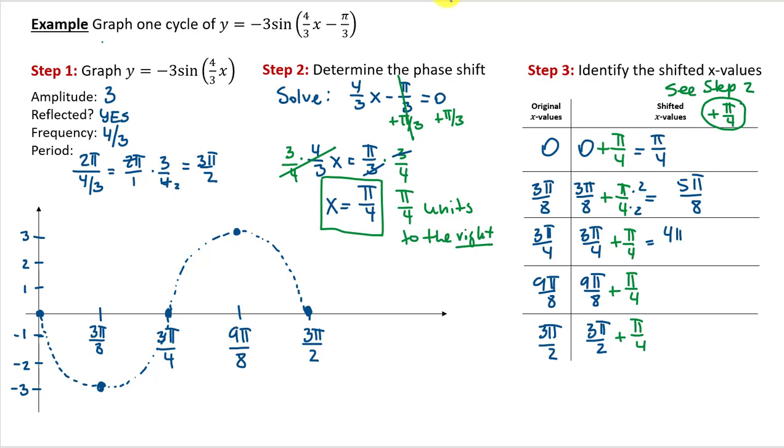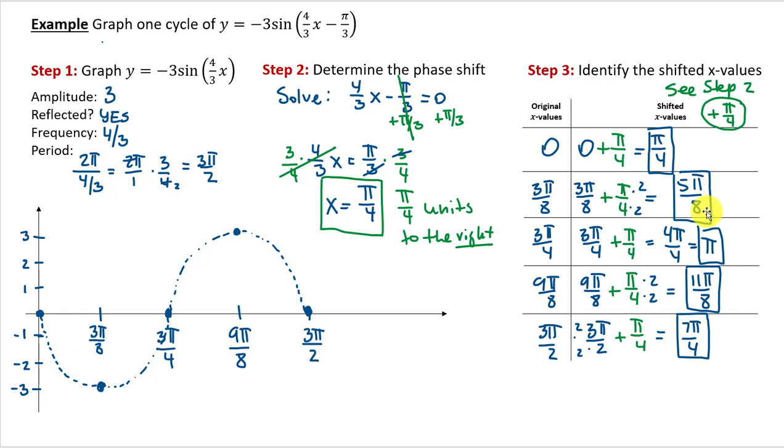This is 4 pi over 4, or pi. Point number 4 is 11 pi over 8. And point number 5, okay, it's 6 pi plus pi, 7 pi over 4. So I determined the x values of the key points after the shift.